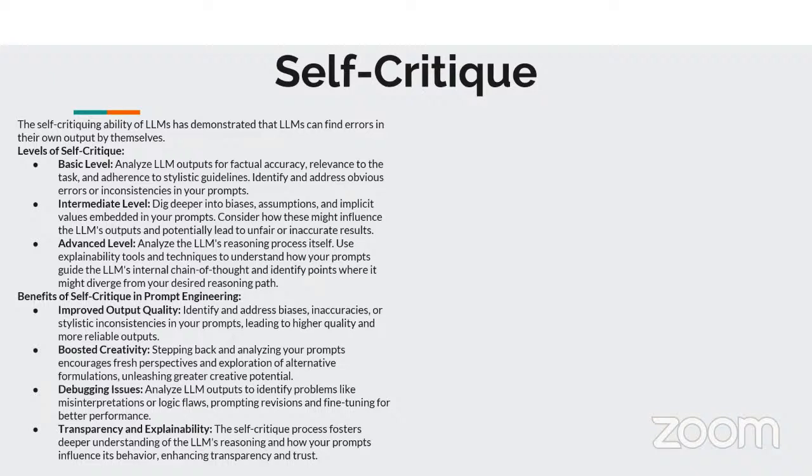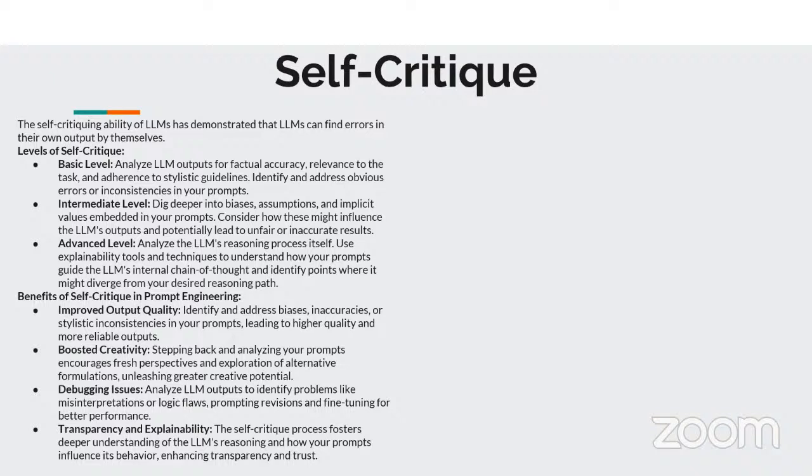So there are some benefits of self-critic prompt engineering. It will improve our output quality. By identifying and fixing errors, the responses become more accurate and reliable, with boosted creativity. Analyzing prompts in detail encourages new and creative ways to ask questions and get better answers.